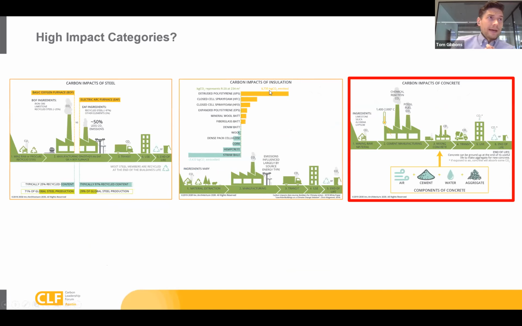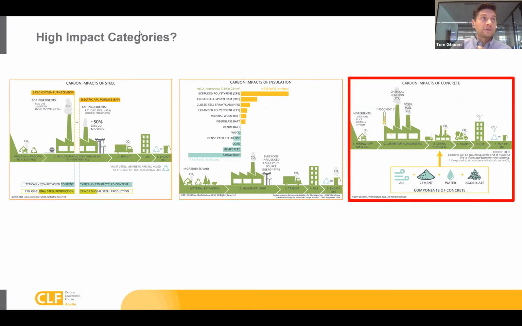So, high impact categories. These are the standard materials from Architecture 2030. We often talk about steel and some of those carbon impacts in structural building. Things like insulation can be high impact. And then obviously in red, the concrete that we know and love.